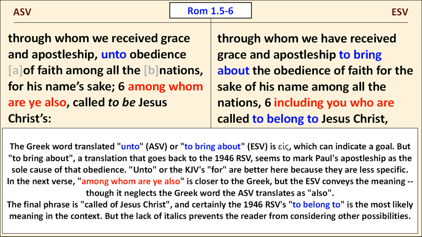The final phrase is literally called of Jesus Christ, which certainly the 1946 Revised Standard Version's to belong to, which the ESV repeats, is the most likely meaning in this context, but the lack of italics prevents the reader from considering other possibilities.